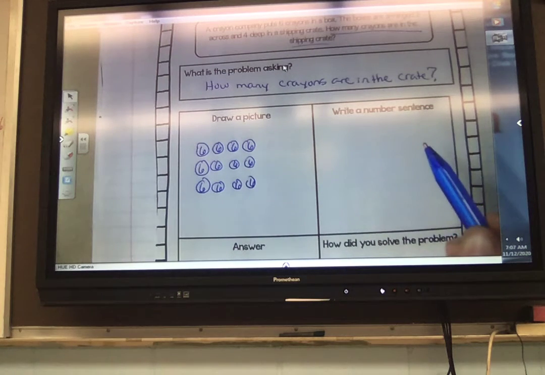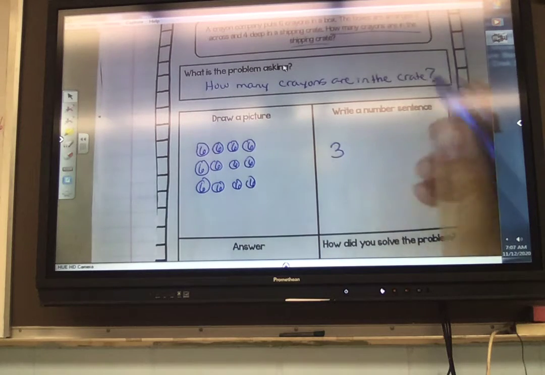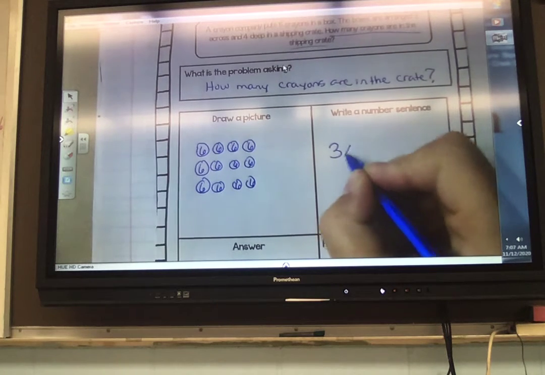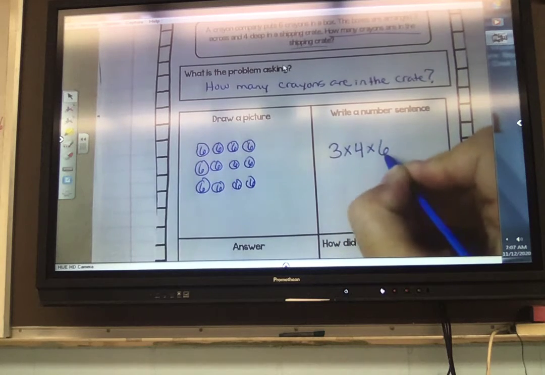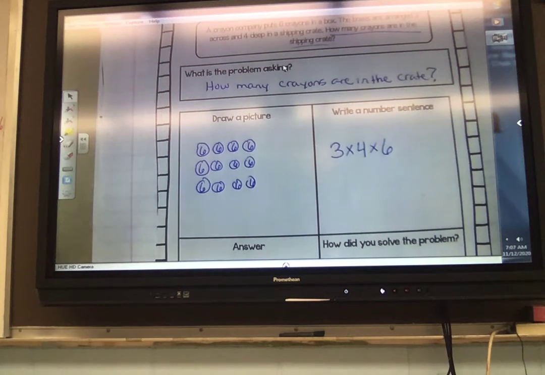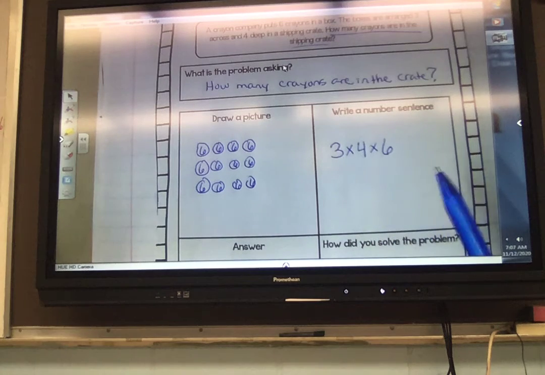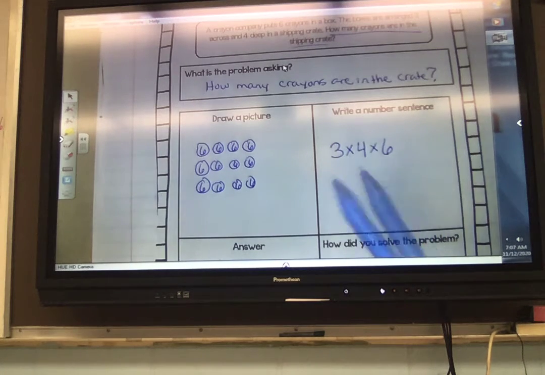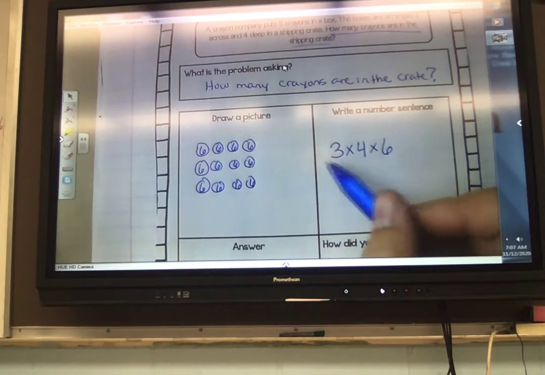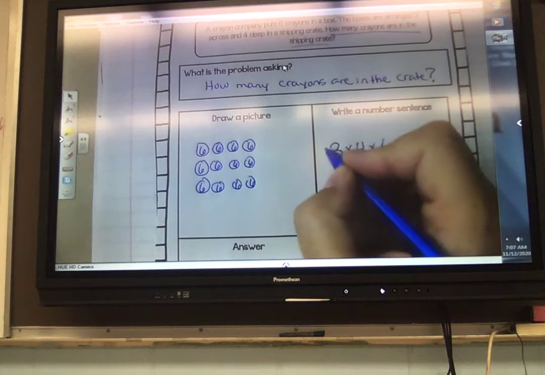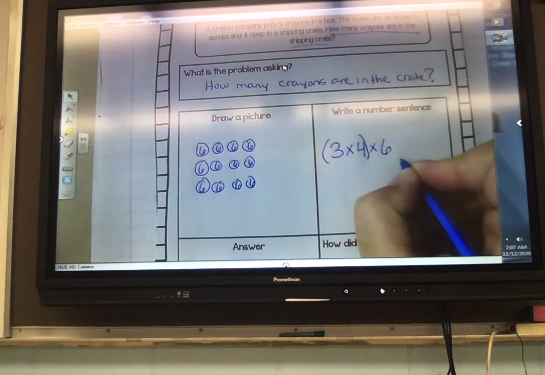Write a number sentence. All right, we have 3 factors. We have 3 rows. Rows always come first. Times 4 columns times 6 crayons. Now we've been learning about the commutative and associative property, so look at your factors and you can decide if you want to move any of these around. I like mine like this because it puts these smaller factors together, and that will help me get a smaller answer to have to multiply times 6.